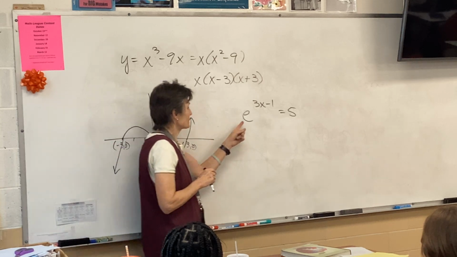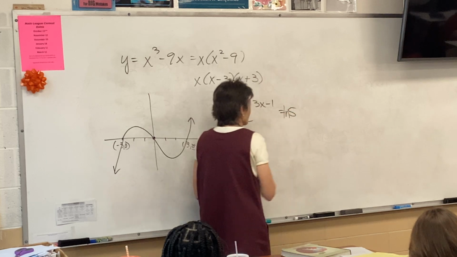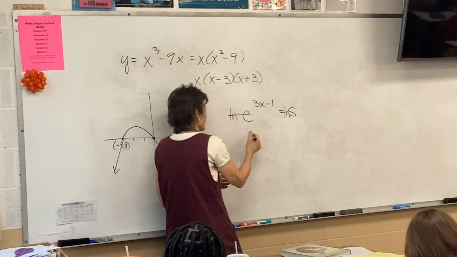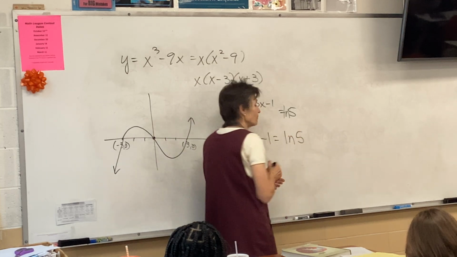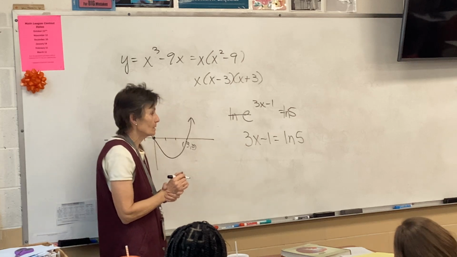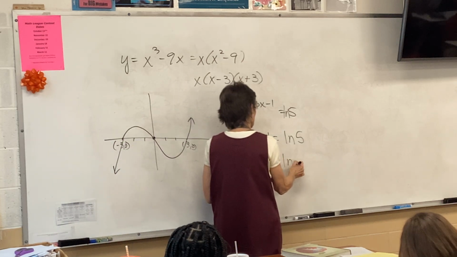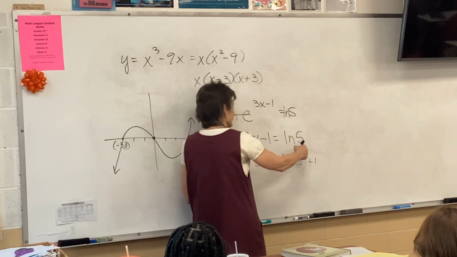But since there's an e, I'll ln both sides. Now, ln cancels. So 3x minus 1 equals ln 5. Add the 1 over. I'm trying to get x by itself.